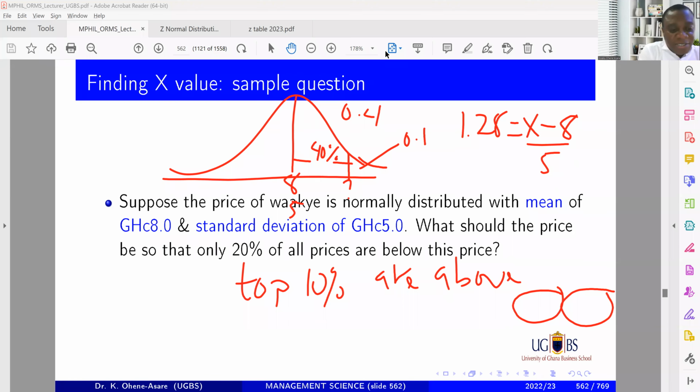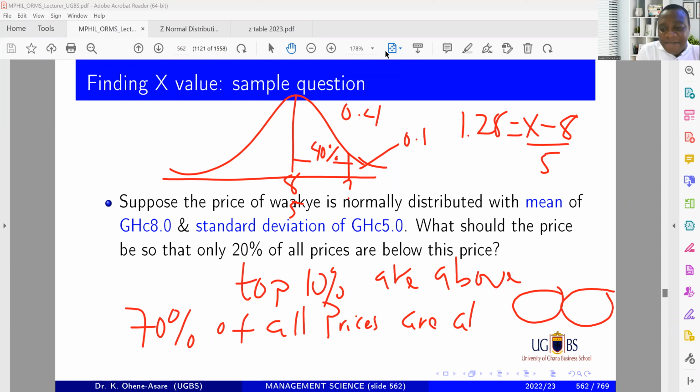This is very tricky. Let me write it down so that I don't get confused: 70% of all prices are above this price.